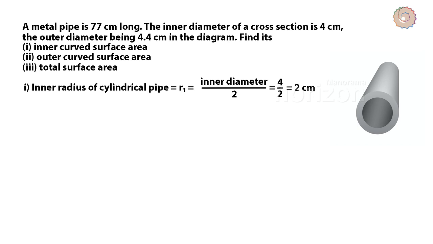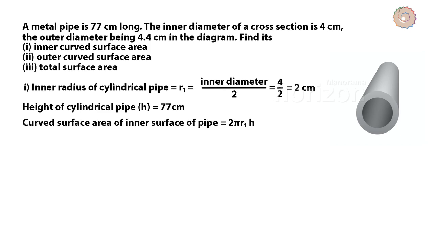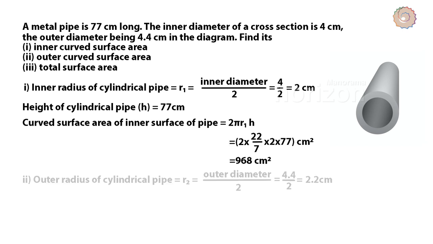Inner radius of the cylindrical pipe is r1, which is inner diameter divided by 2, that is 4 by 2, equal to 2 cm. The height of the cylindrical pipe is h, which is equal to 77 cm. Therefore, the curved surface area of the inner surface of the pipe is 2 pi r1 h. Plugging in the values, we get 968 cm square.